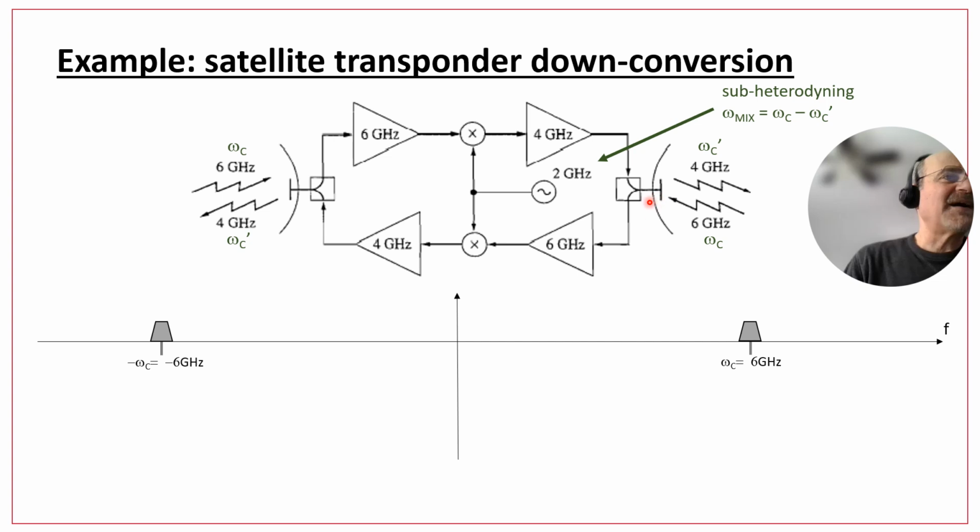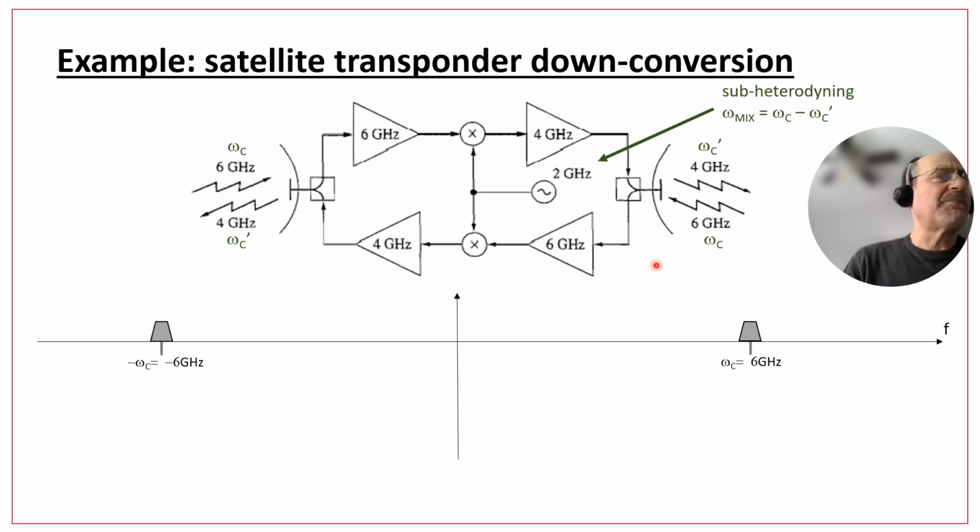So that signal at 6 gigahertz needs to be converted for retransmission on a different antenna that's aimed at a different geographic area, and the downlink transmission must operate at a lower frequency, let's say 4 gigahertz.